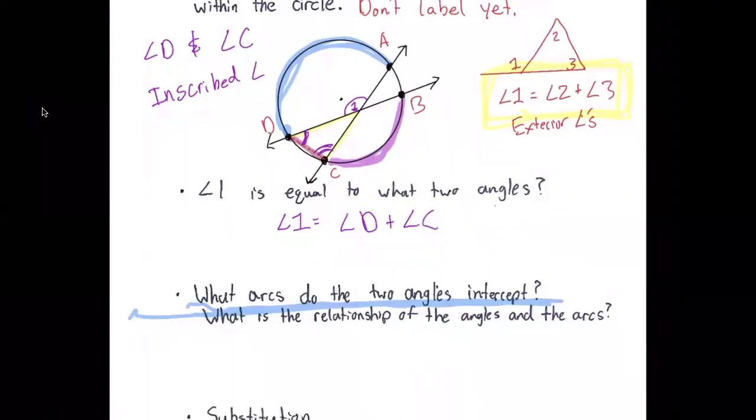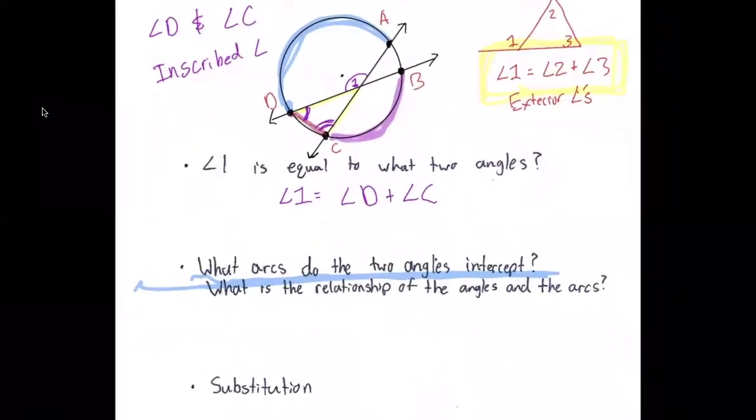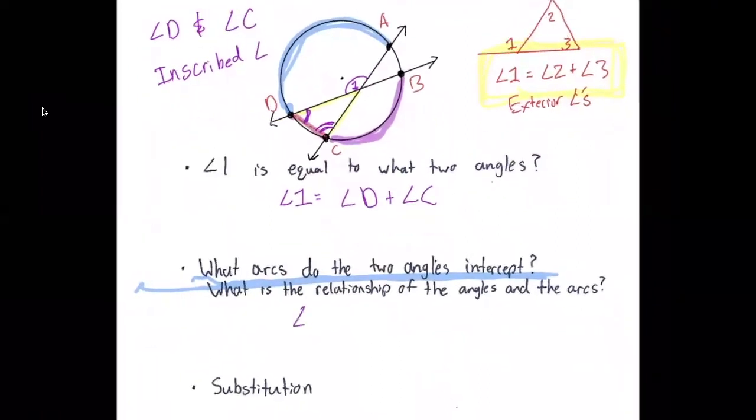And so the relationship of the angles and the arcs: angle D is equal to 1/2 of arc CB. Boom. And then angle C is equal to 1/2 of arc DA. Boom. I'll make that blue. Take a look at that.